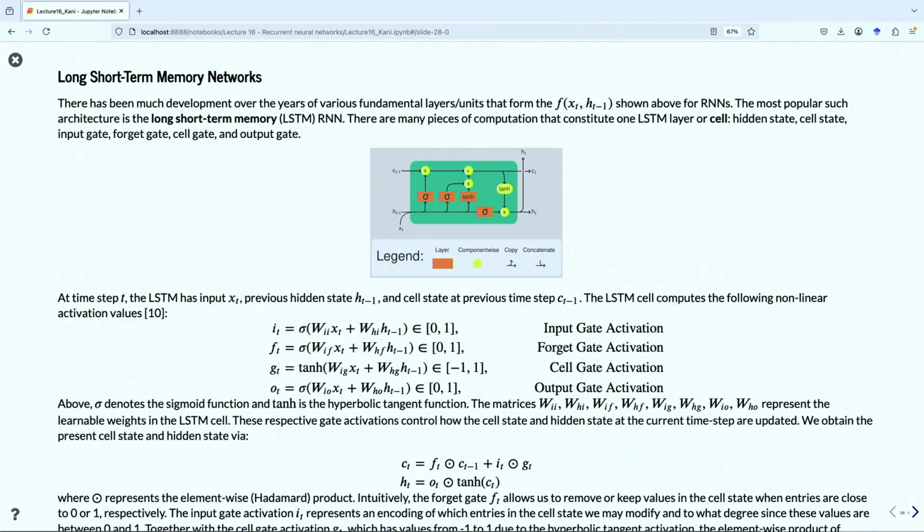Okay? And so what you have here is that you could have multiple options to forget or add data to the cell memory. So what you do here is that you combine the X and H inputs, and you have what's called a forget gate. Over here you have the cell memory.